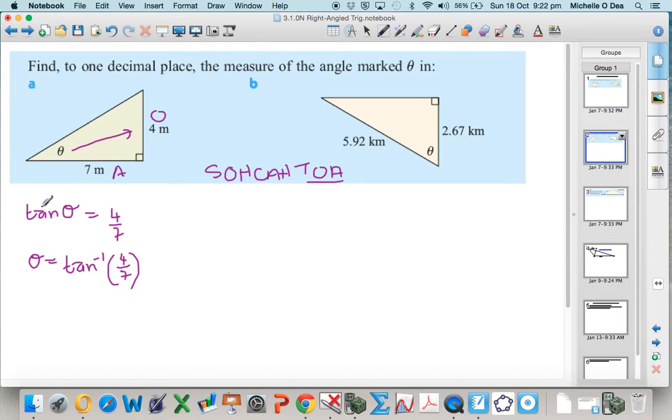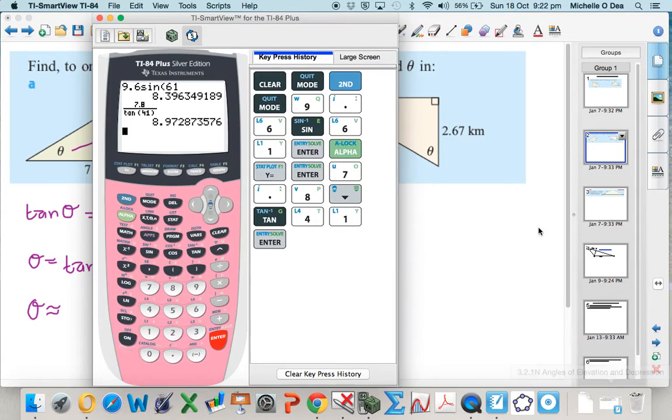They undo each other. So if I do inverse tan of this tan here, they undo each other, so we're left with theta. But then of course you must do it to both sides. I like to write it so you don't forget to press that extra button on your calculator. It's a little reminder. And then we just grab the calculator again.